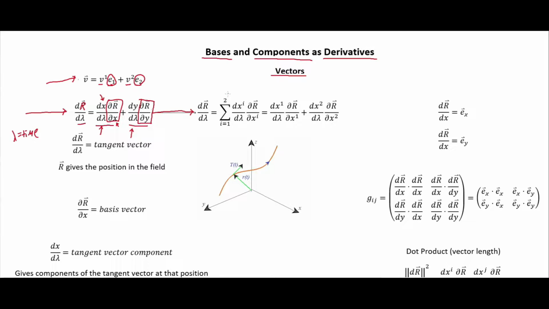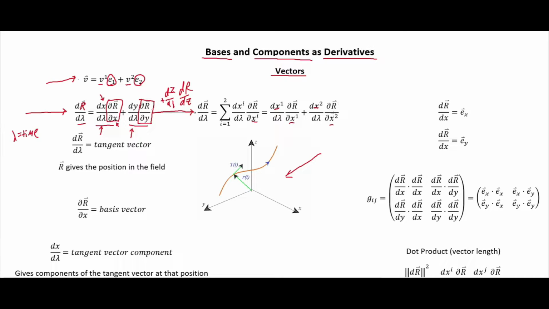This is just the same thing, except I put it in this convention where we use x1 and x2 rather than x and y, because that way we could more easily add higher dimensions. I'm going to be using 2 dimensions pretty much throughout. This image right here is actually 3 dimensions, obviously, but you could just imagine that we could add a plus dz d lambda, dr dz here.